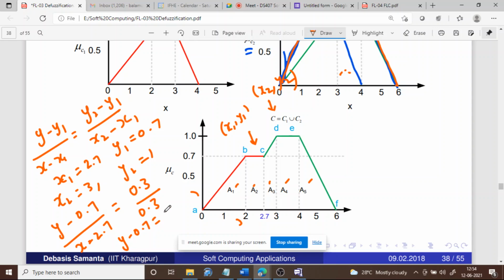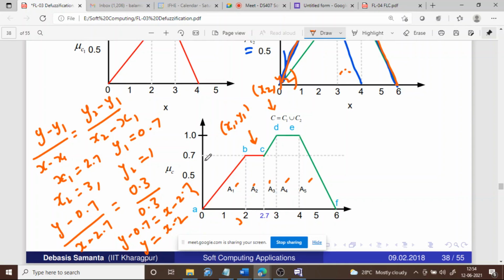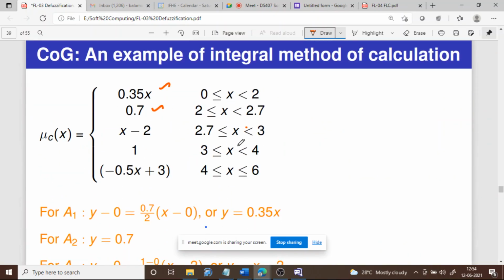So y minus 0.7 is equal to x minus 2.7. So y is equal to x minus 2.7 plus 0.7, which means y is equal to x minus 2. Anything in this range of x, the y will be nothing but x minus 2.